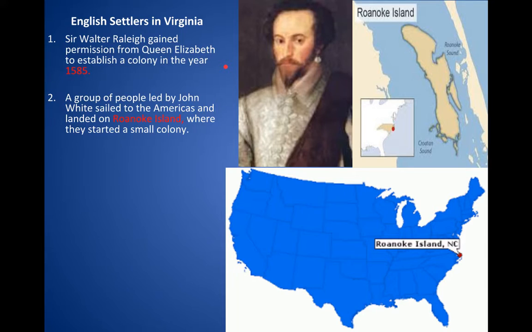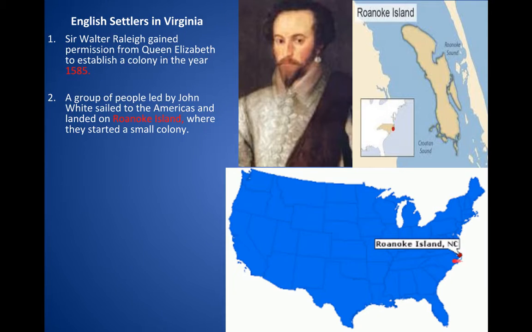So after he got permission, a group of people led by John White sailed to the Americas and landed on Roanoke Island, where they started a small colony. So you can see this blue map of the United States. Roanoke Island's down here in what is now North Carolina.